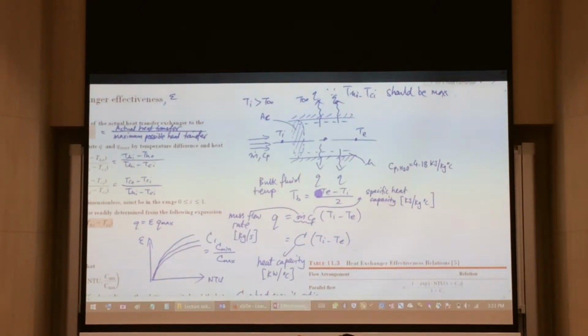This one should be a plus, not a minus. Did somebody sense that? This is your bulk fluid temperature, so Te plus Ti. Please, if you have written it down as minus, please change it to plus. Okay.